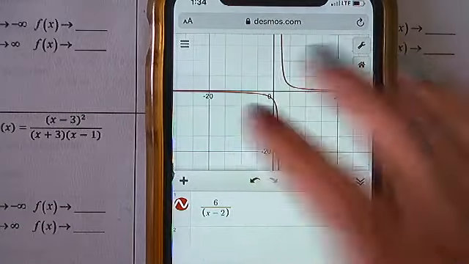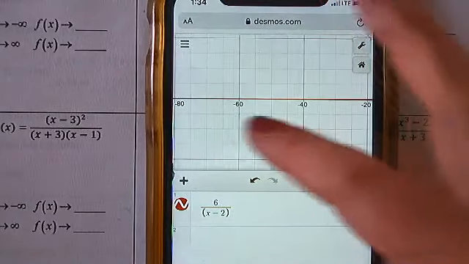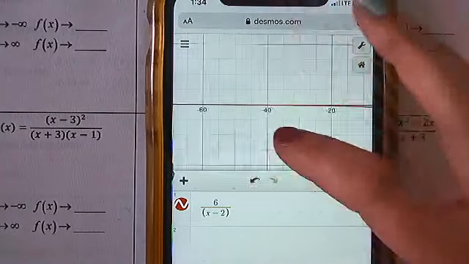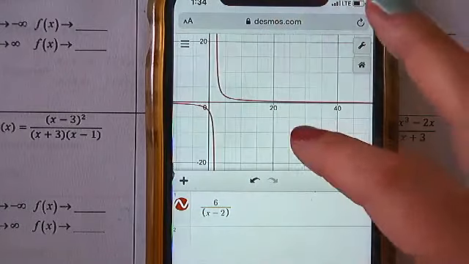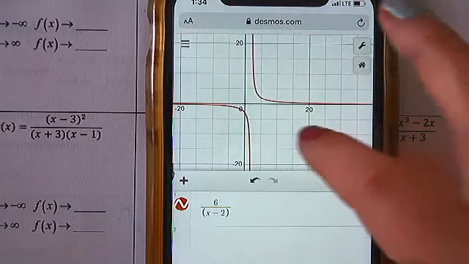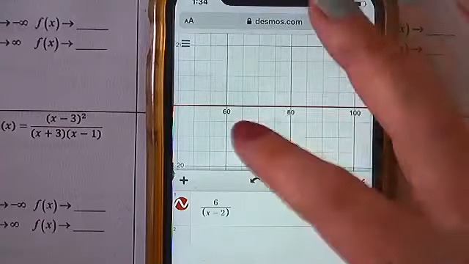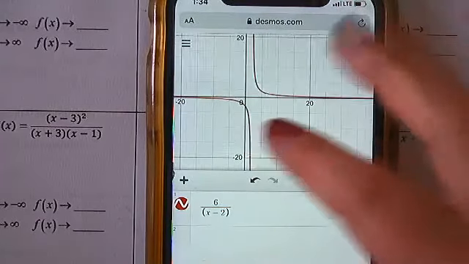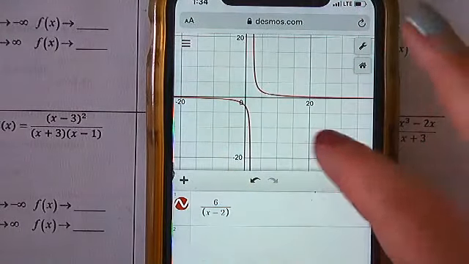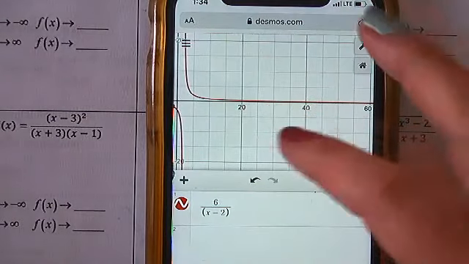So if I kind of zoom out, can you guys tell, like, where's my end behavior? Like, where is my graph approaching? Remember, we don't care about the middle, just the left and the right. So where's it going on the right and the left? Can you guys tell? It's approaching the x-axis.